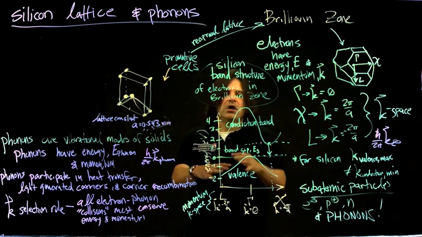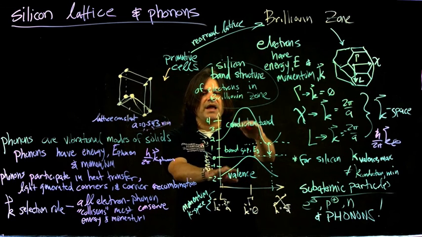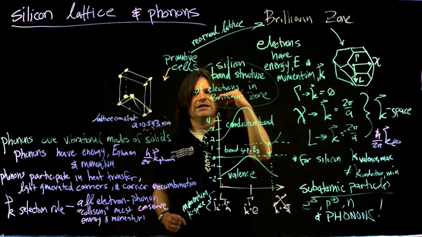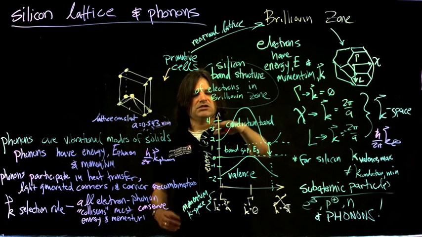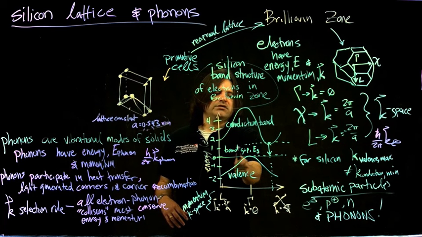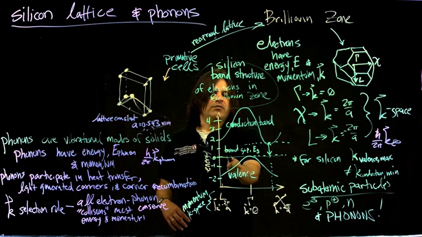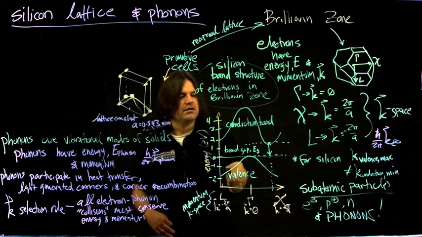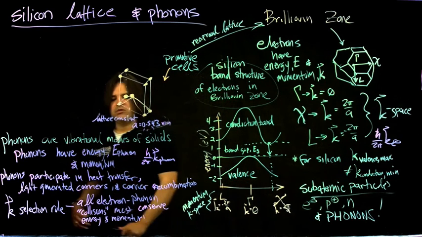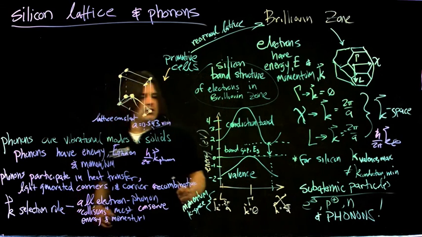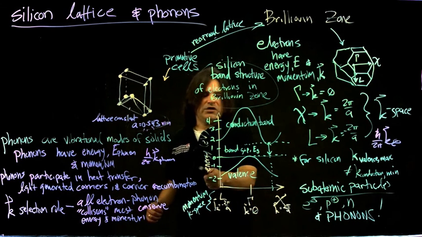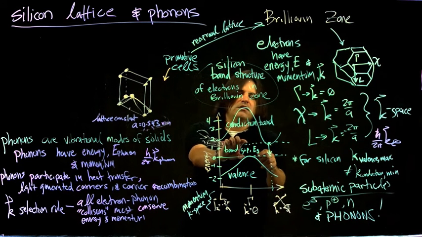And because it's a solid, it's kind of smeared, so it becomes a band rather than clean steps. So it's a smeared band, but nonetheless, there's still some forbidden energy in between. That's where the K selection rule is. It's saying that you already know that you have a certain energy and a certain momentum, but not all energies are possible.